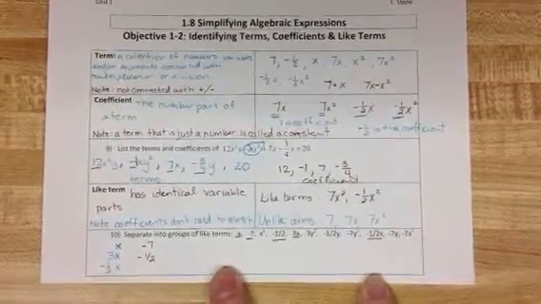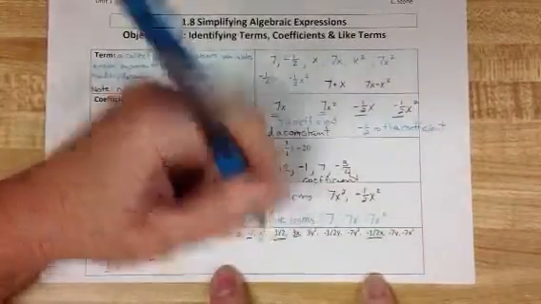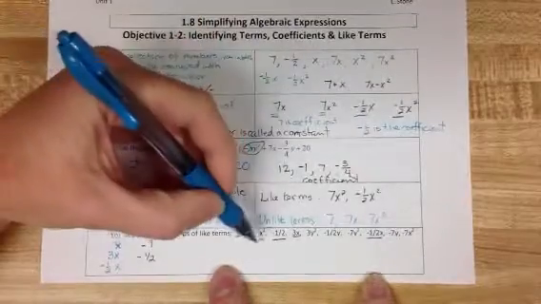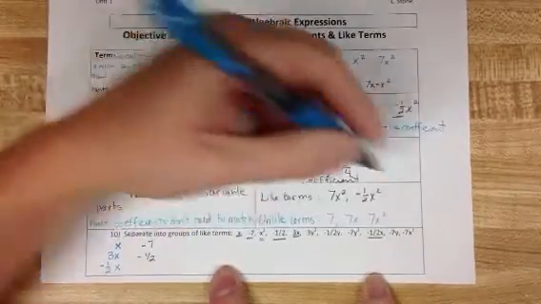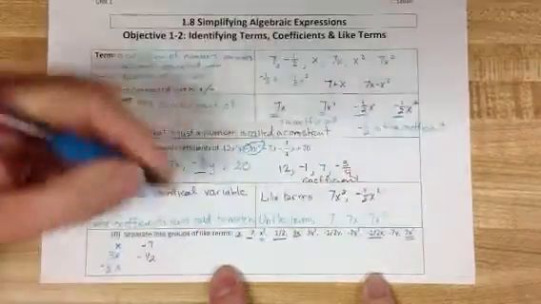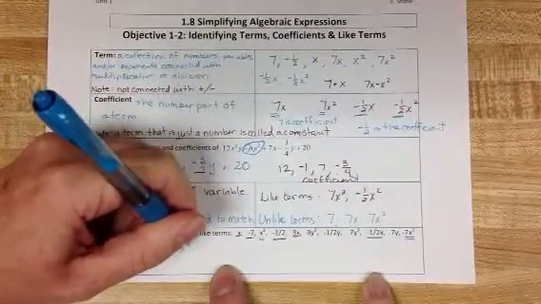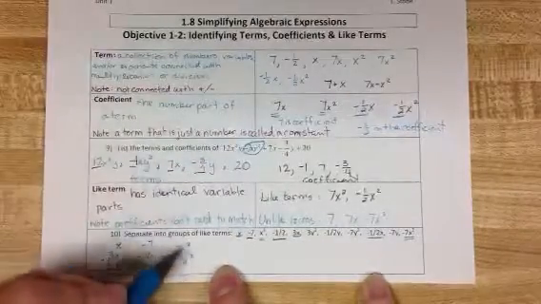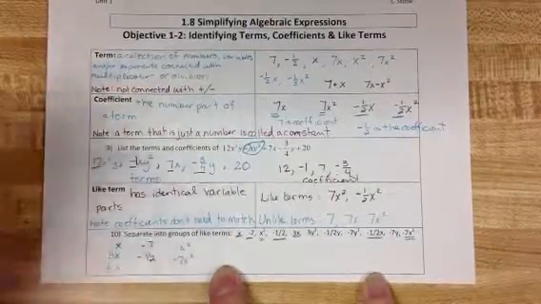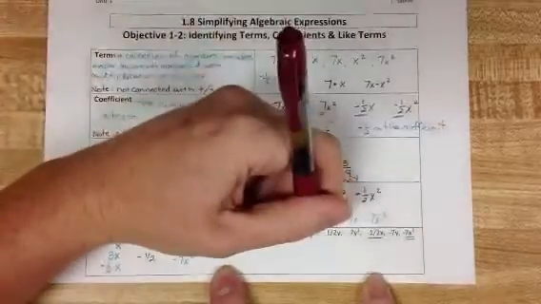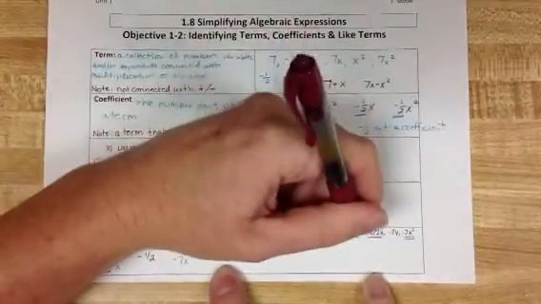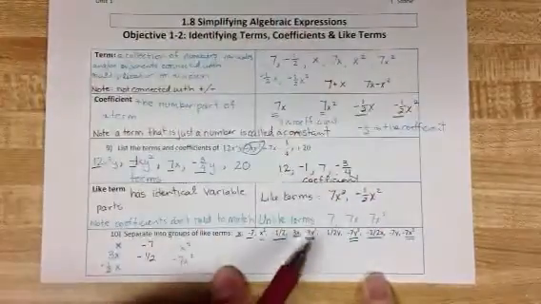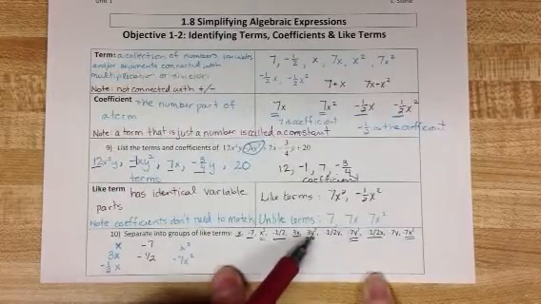My next set of terms are the x squared terms. Looks like there's an x squared there and a negative 7x squared at the end. Again, matching variable parts. You'll notice that I didn't group the y squared terms because even though they have squares on them, their variables are not the same.